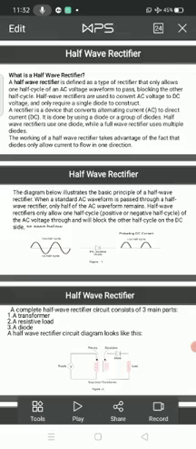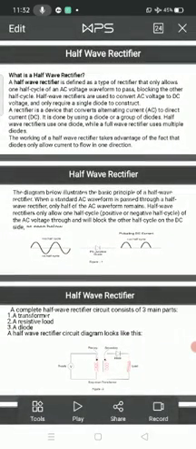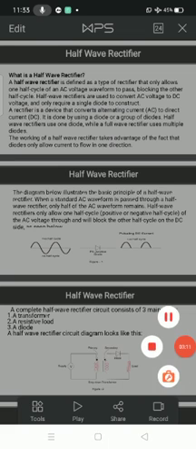In the bridge type rectifier or center tap rectifier, there are different types of rectifiers there. The full wave rectifier has two types: one is the center tap rectifier and the second one is the bridge type rectifier. In the case of the center tap rectifier, we are using two diodes, and in the case of the bridge type rectifier, we are using four diodes.